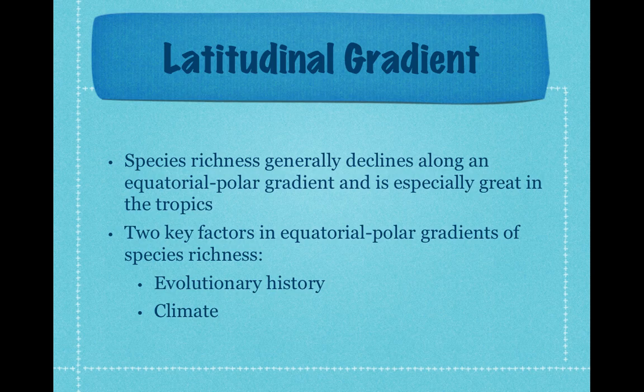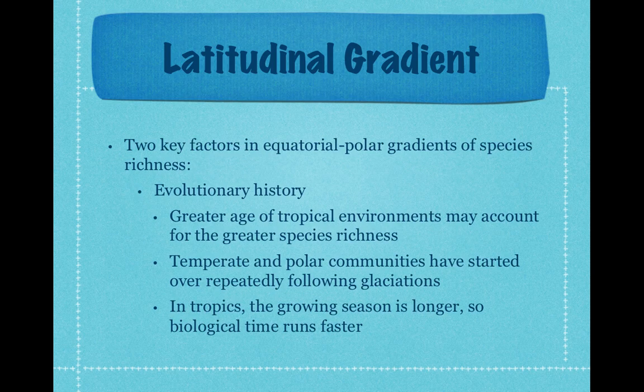The closer you get to the poles, the less species richness you see. It declines as you get towards the poles and increases as you get closer to the tropics. And that really comes from two major factors: evolutionary history in general, as well as climate. That's what we're going to take a look at and talk through in the next couple of slides.